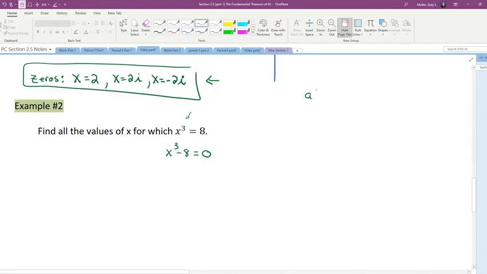The rule tells me if I have a cubed minus b cubed, then it factors into the cube root of the first term minus the cube root of the third term, times a squared plus ab plus b squared.